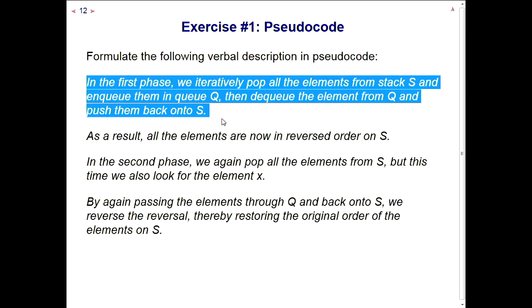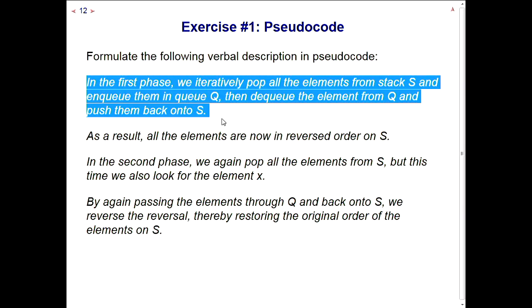Pop and Q. You have to be a little more specific. You have to say what to pop and what to Q. So just writing "while stack S is not empty, do, and then pop S" is perfectly correct.